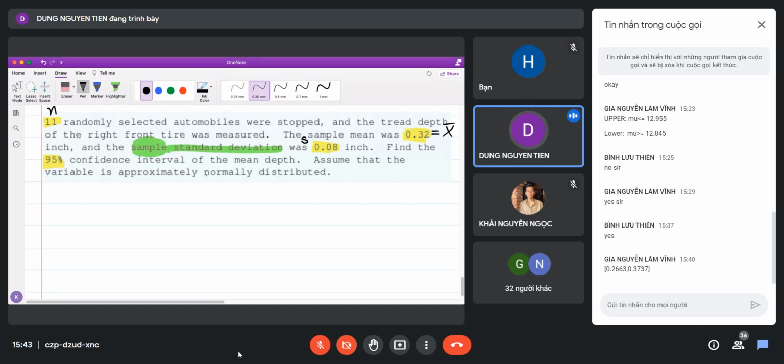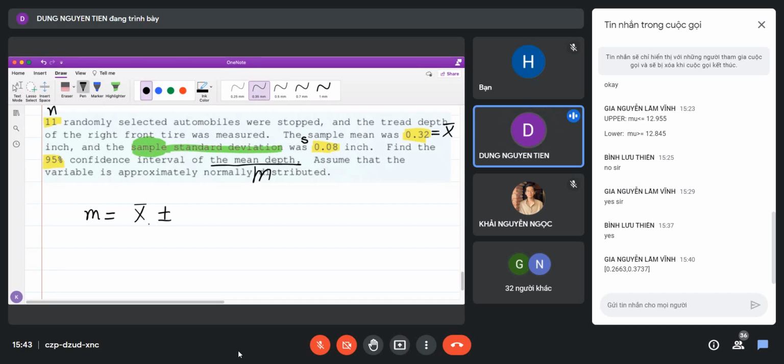Suppose that m is the mean depth. Then you have the assumption that it is normally distributed, so m equals x bar plus or minus. If I mention nothing and just ask you to get a confidence interval, it means you want a two-sided confidence interval.